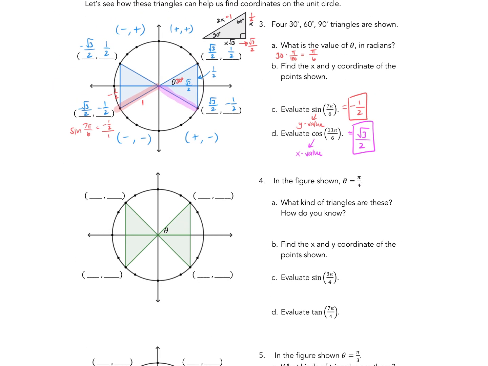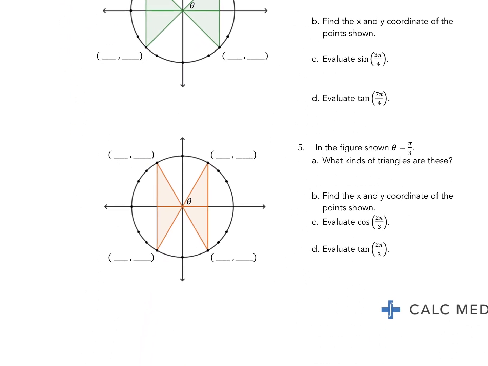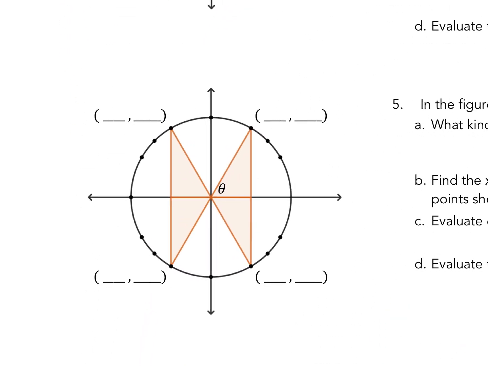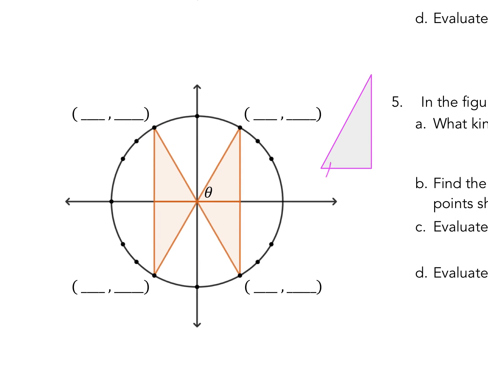Since we're in the mode of 30, 60, 90 triangles, let's flip down to the bottom circle, because this is also a 30, 60, 90 triangle. However, instead of my 30 degrees being down here where theta is, that's actually going to be my 60 degrees. So I'm going to draw my triangle again, where this is my 60 and this is 30 up top.